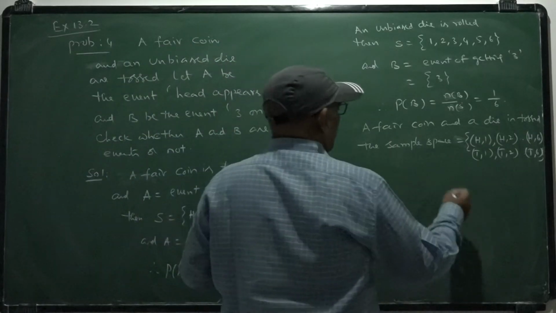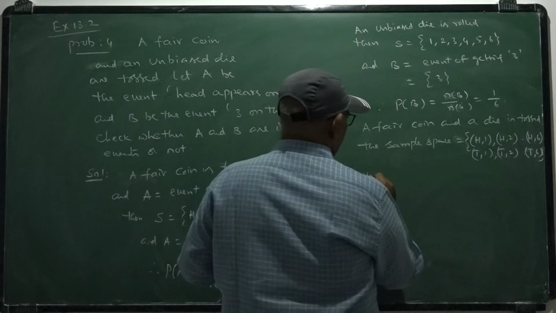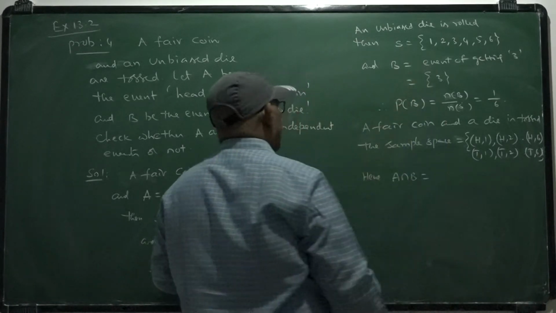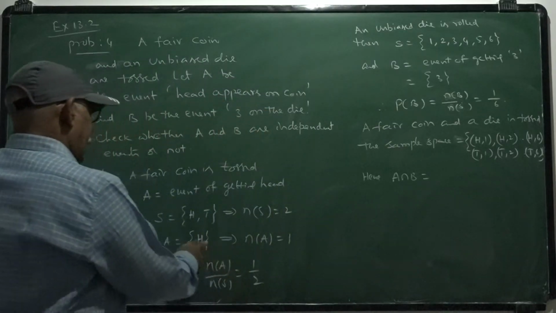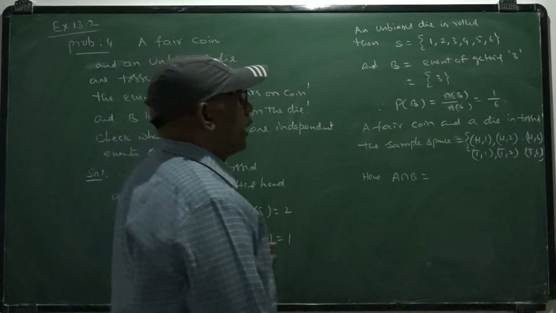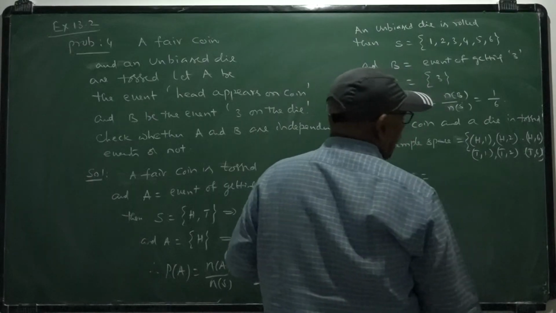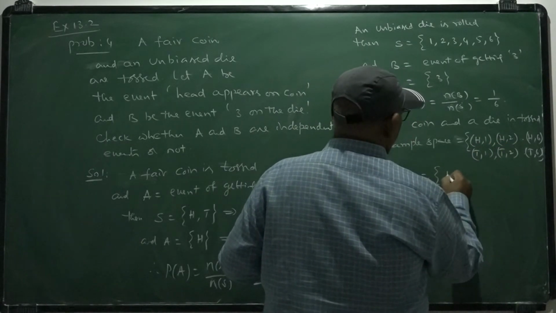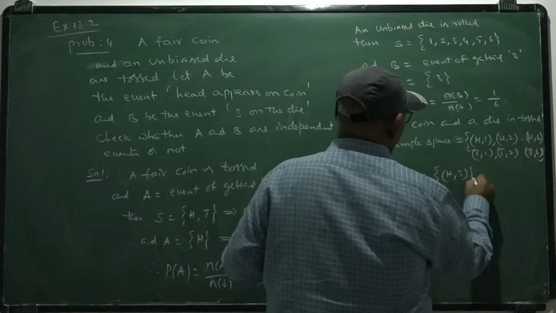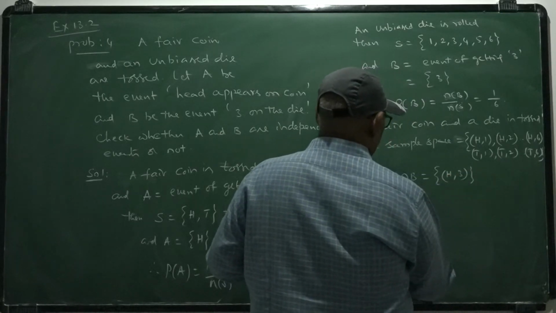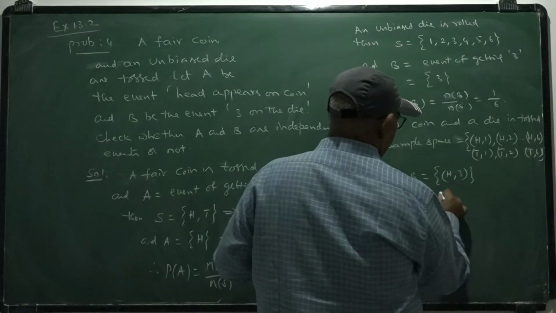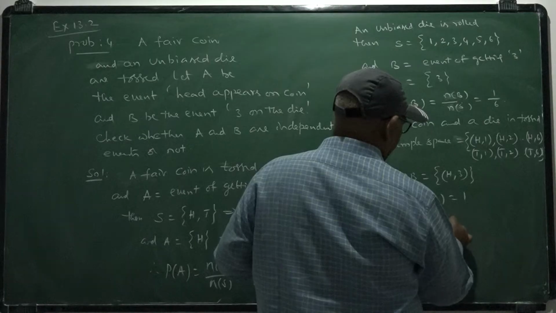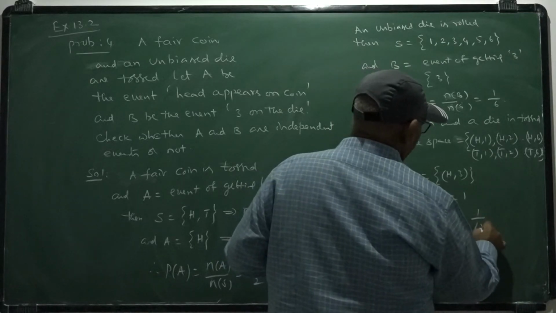Out of 12 possible outcomes, consider A intersection B. A stands for getting head and B stands for getting the number 3, that is head and 3. So n of A intersection B is 1, and the required probability of A intersection B is 1 by 12.